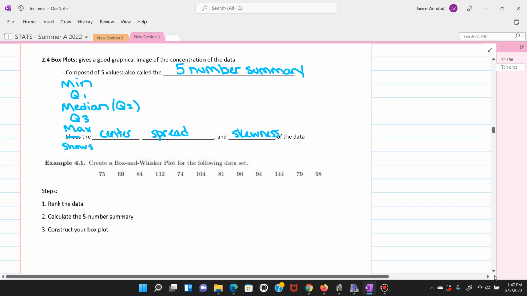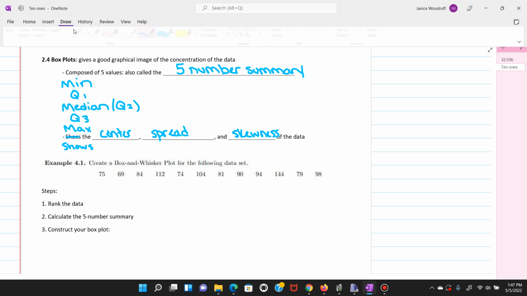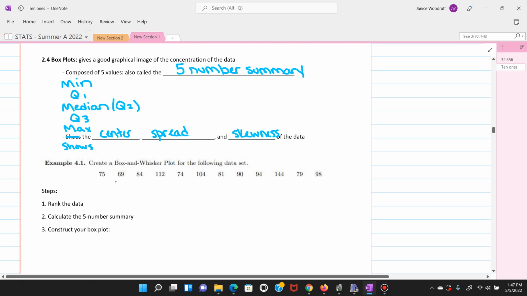All right, so box and whisker plot, box plot, we're going to go through it with this data here. I don't really know what this data would be. We can do this as salaries too, just in thousands. Okay, we've got to put this in order first.